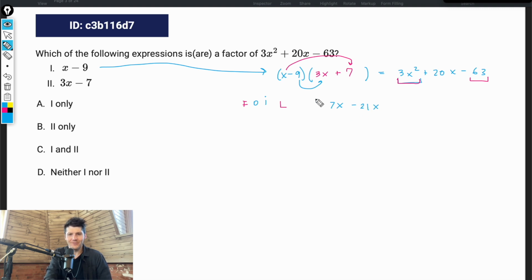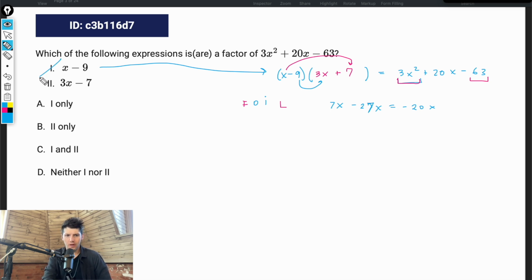Oops, I'm sorry, negative 27x. And this looks like, in some ways, kind of close, but off in an important way, right? So we have positive 7x and then negative 27x for a total of negative 20x. So we don't have a factor here, right?